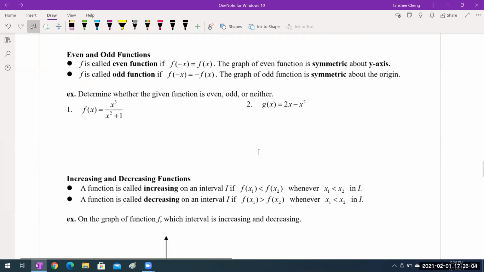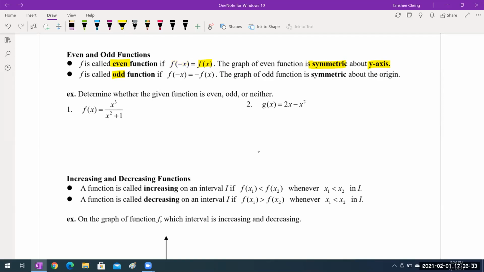We call it an even function when we substitute a negative x into the function, and after simplifying, the simplified function looks exactly like the original function. Then we call it an even function, and the even function is symmetric about the y-axis. An odd function is the same process.